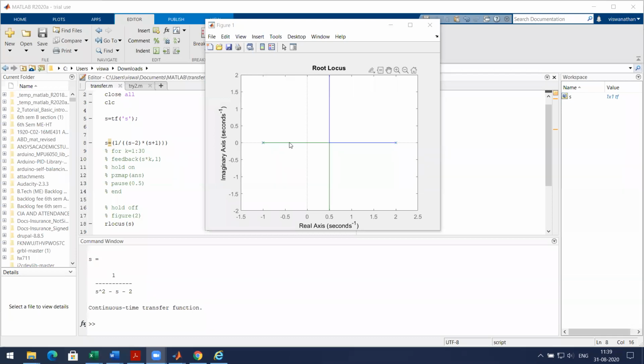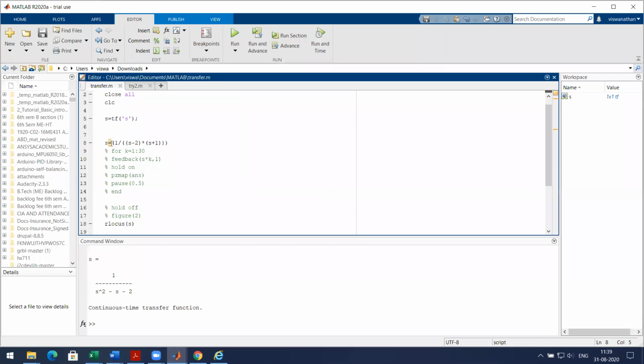If it is not able to find a zero, the pole goes to infinity. I'll just give you an example. I'll have a zero here, (s plus 3). S plus 3 is a zero I've added.